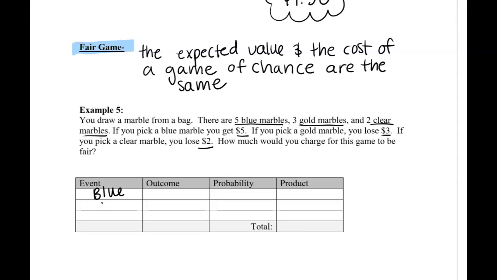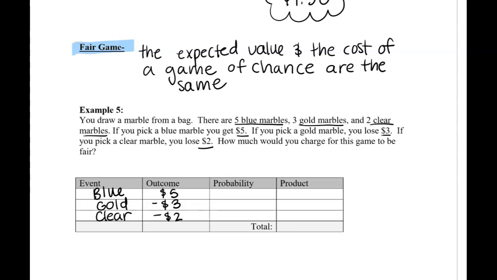So we can get blue, we can get gold, we can get clear. What a boring marble color, clear. I'd much rather get blue or gold. If you pick a blue marble, you get $5. Gold marble, you lose $3. That's negative $3. Clear marble, you lose $2. That's negative $2.